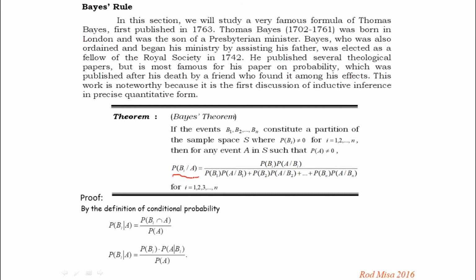They are dependent on each other. So therefore, the probability of this intersection is equal to the product of the probabilities of dependent events.